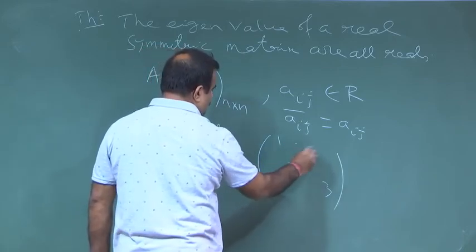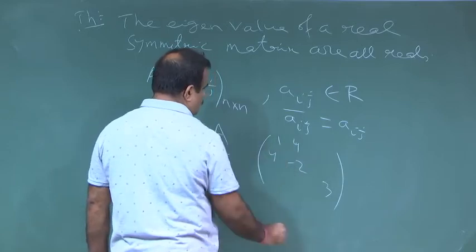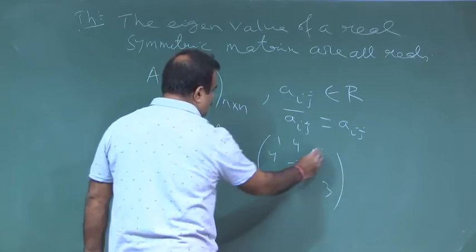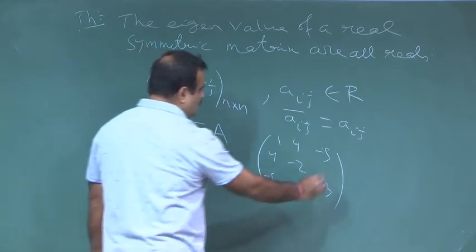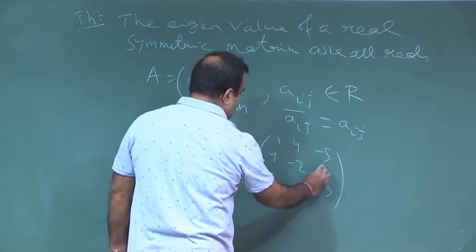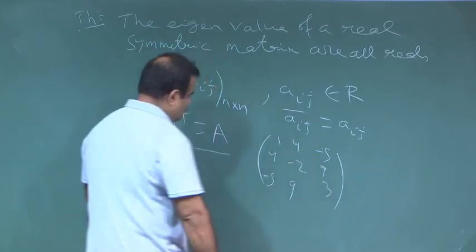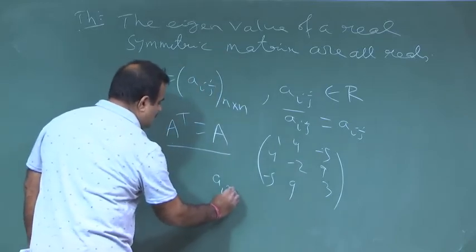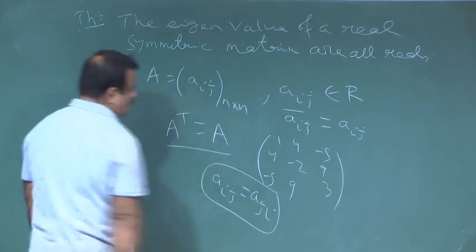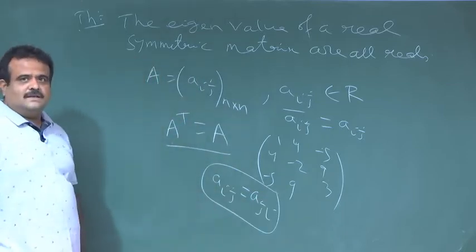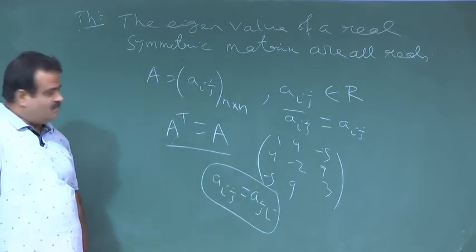So, if we have say 4 over here, this has to be 4. If it is minus 5, we have a minus 5 over here. If you have a value over here, say 9, this has to be 9. So, that means A_ij equals A_ji for all i and j, then the matrix is called a symmetric matrix.